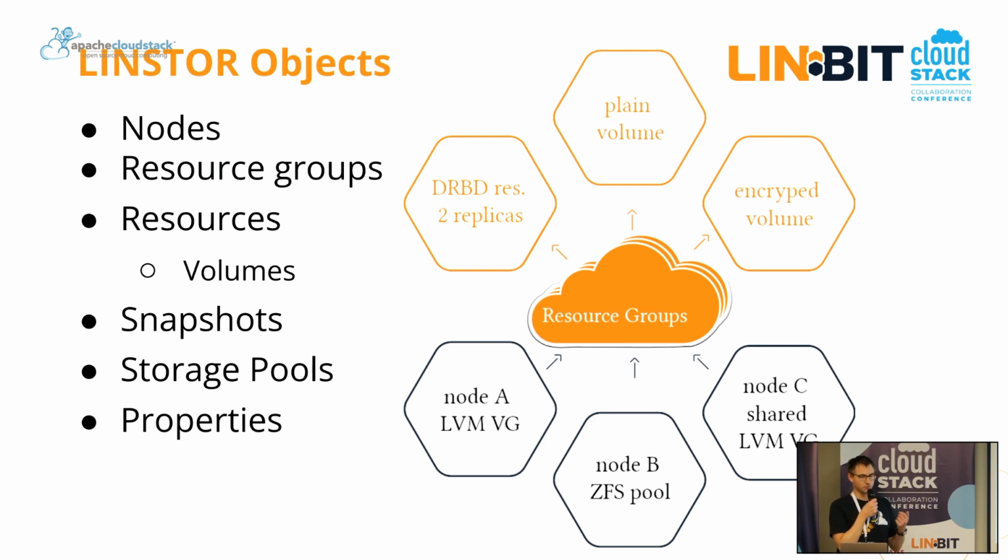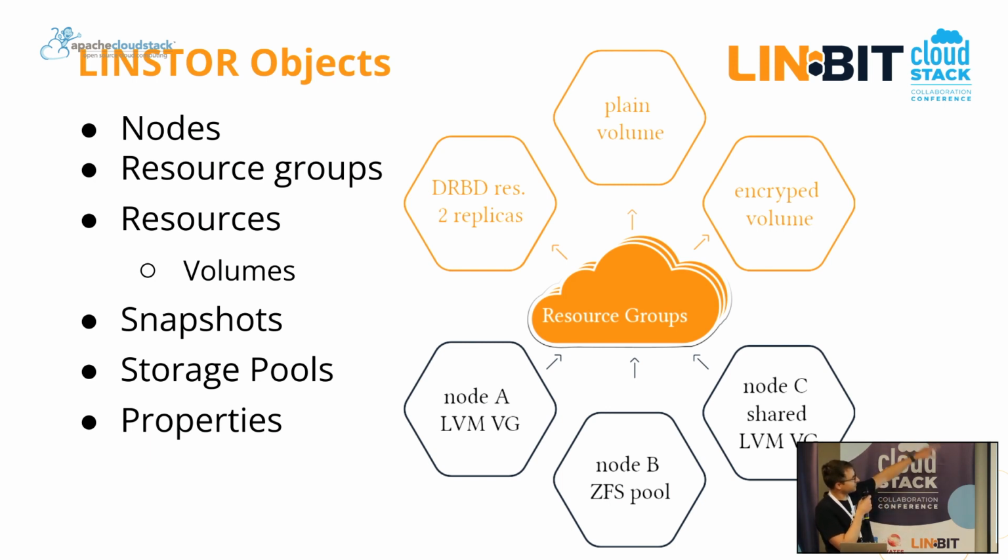In most cases this is either LVM or ZFS. And we have one special storage pool driver, which is diskless. It uses DRBD, which provides you the storage on a node which doesn't have a disk at all, for example. So it's like a virtual disk for you, and you can read and write from there.